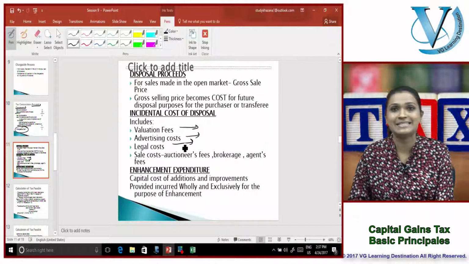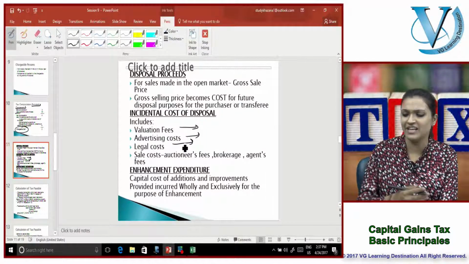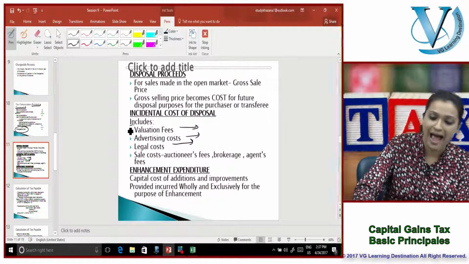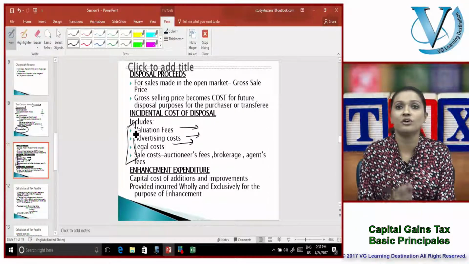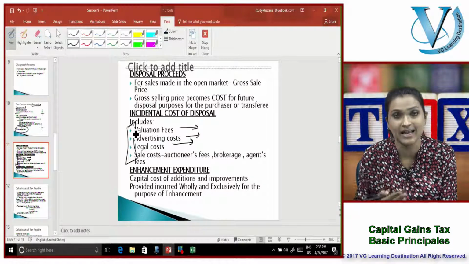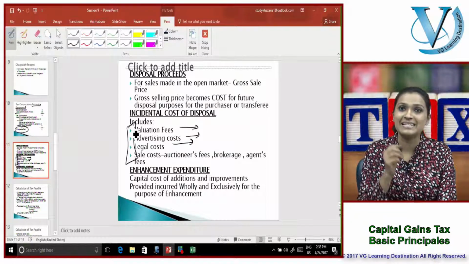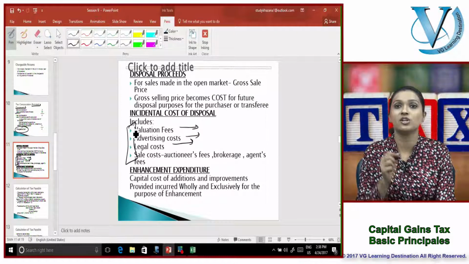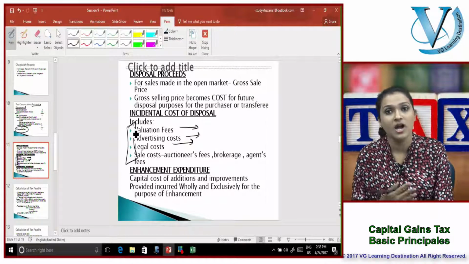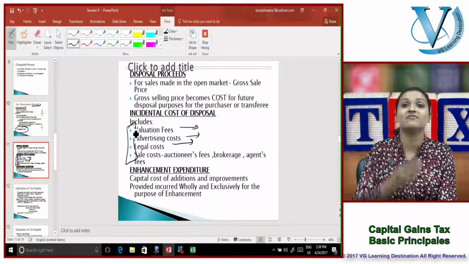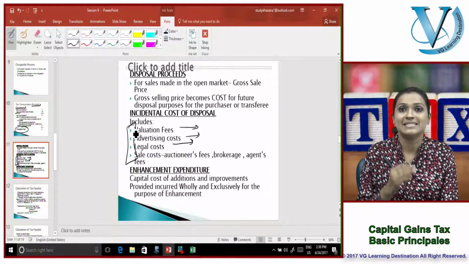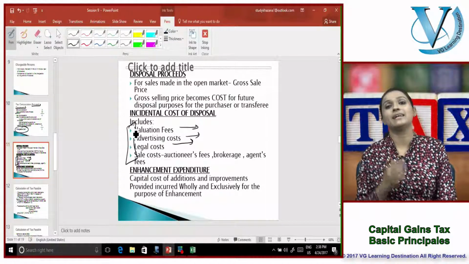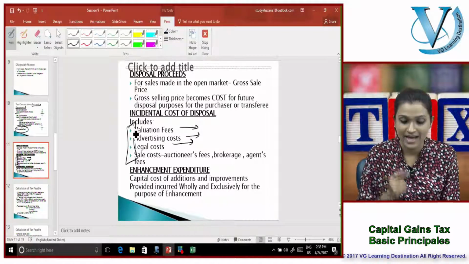It includes the sales cost, auctioneer's fees, brokerage agency fees, any of these costs which you had to incur in order to materialize your sale. In order to actually physically sell off your asset, you have to incur these incidental costs of sale. So very much a part of your sales itself reduces the value of sale proceeds of the asset, thus arriving at the net consideration of the asset.